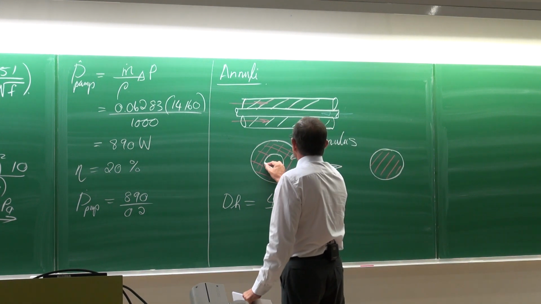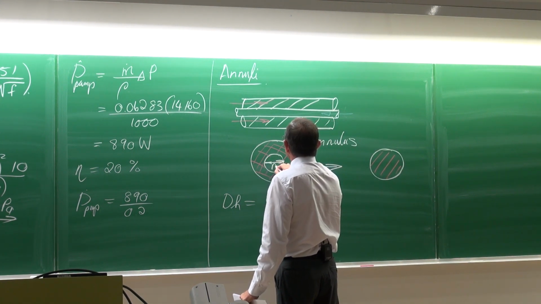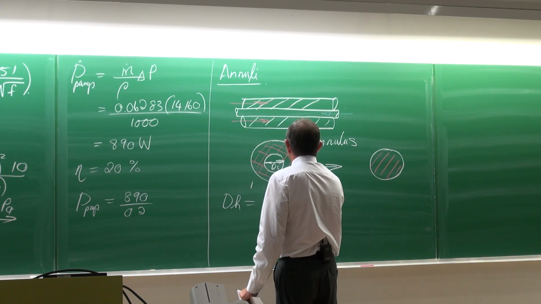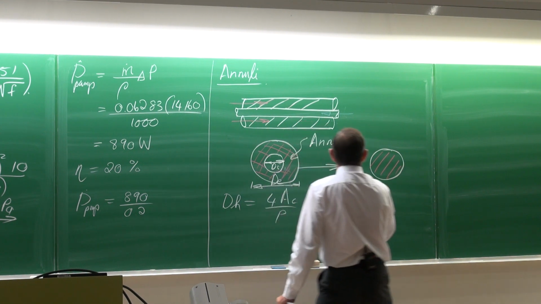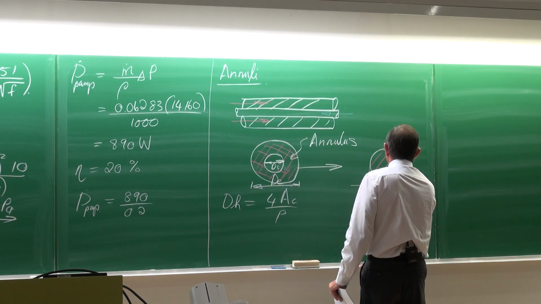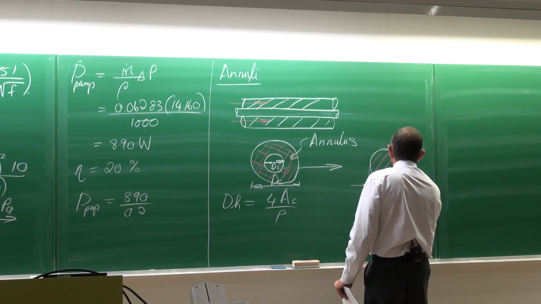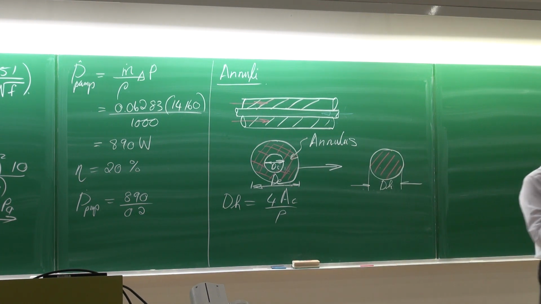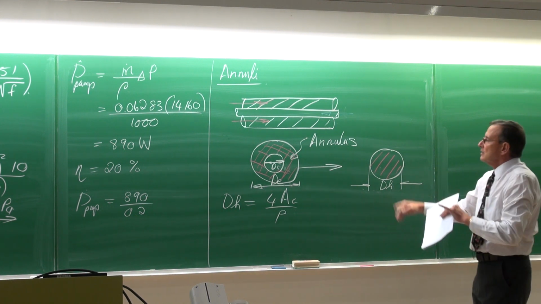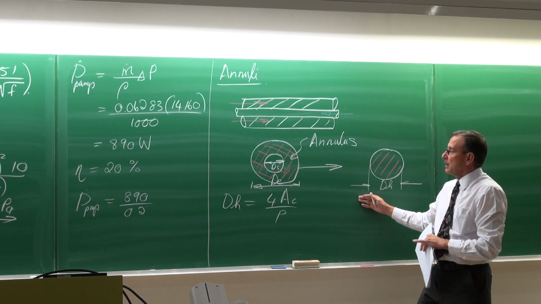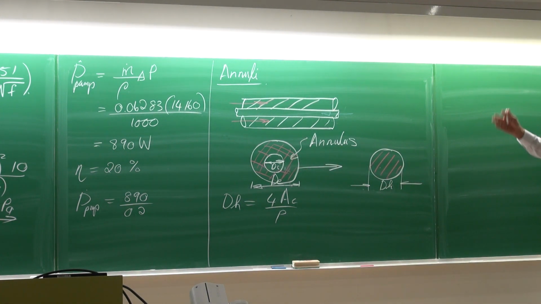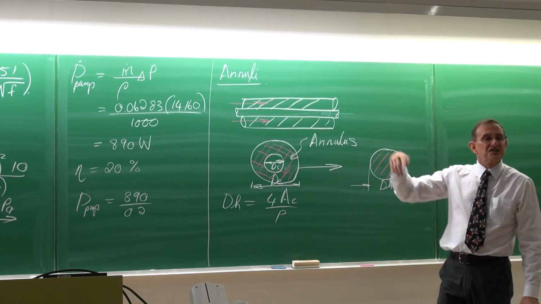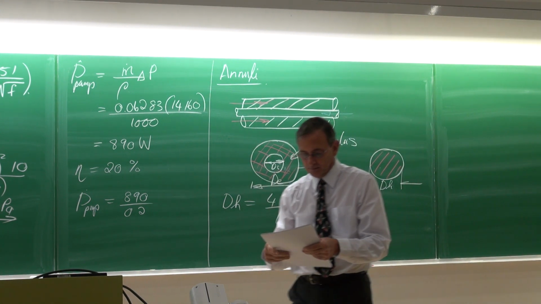Previously we had the inner diameter and the outer diameter, and now we've got something different, almost the same: a circular tube, but with a hydraulic diameter dH. So by using the concept of the hydraulic diameter, we can transform this to a normal tube and make use of the normal equations of Sieder-Tate, Gnielinski, etc.